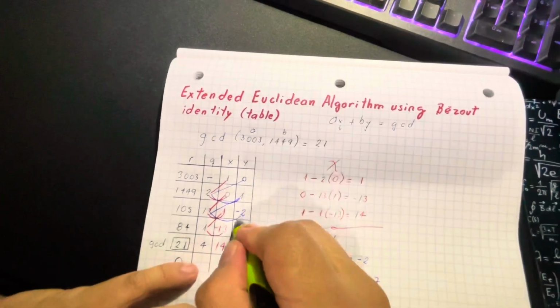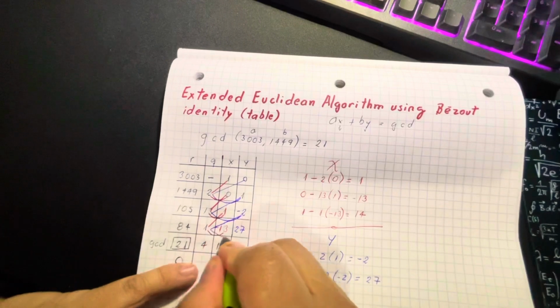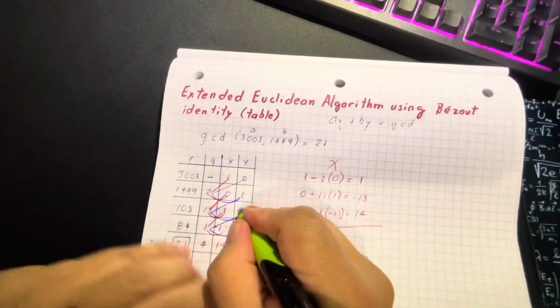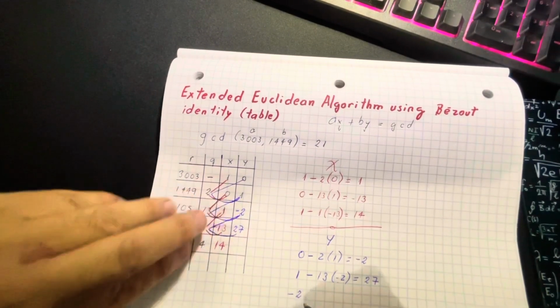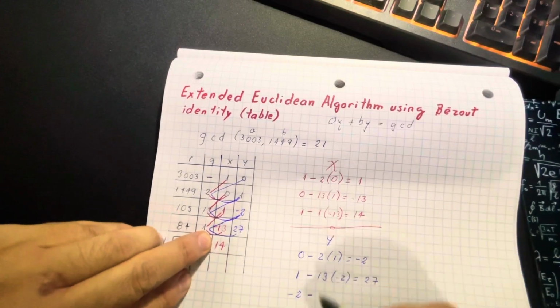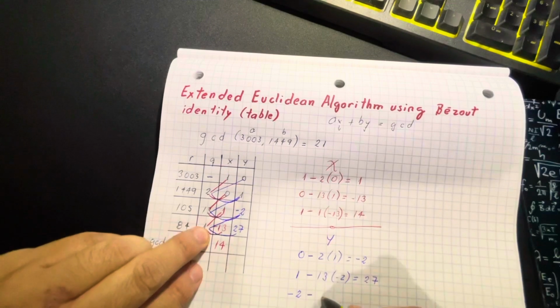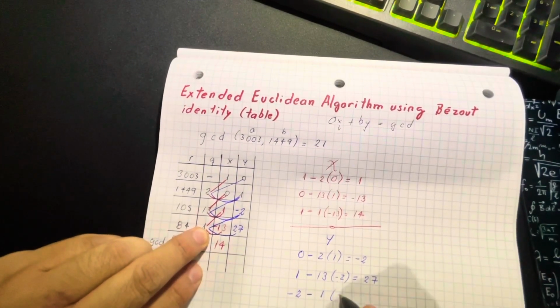You do the same thing. Remember, multiply these two and subtract. So you have your minus 2, minus, you subtract, minus 1 times 27.